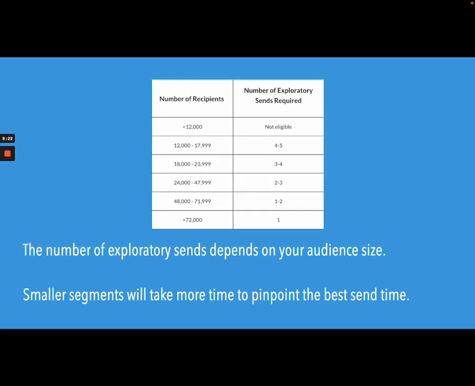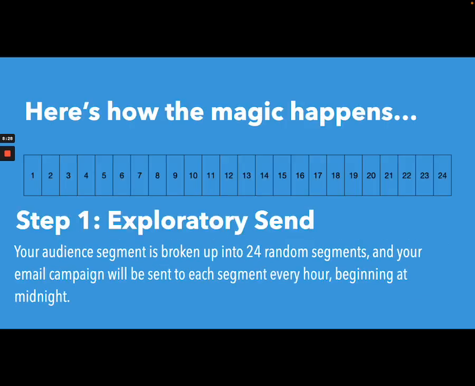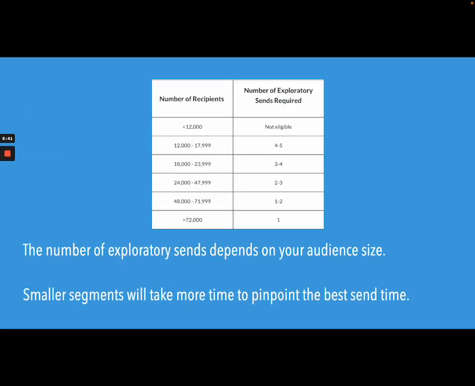So a side note here, the number of sends, and as I say, this initial process is called an exploratory send, and this is just to try and find the general best times at which you get the highest open rate, but it's not going to be conclusive after one.